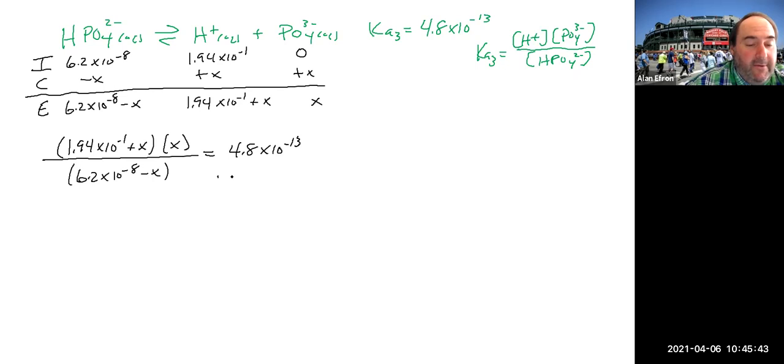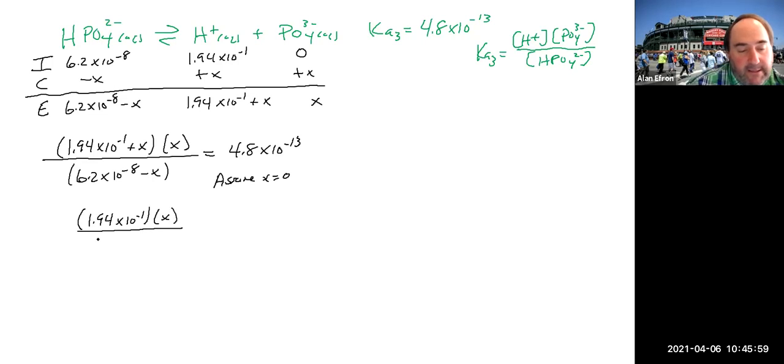So let's go with assuming x is equal to 0. Again, we're going to kill just the plus x and minus x parts, not all the x's. That leaves me 1.94 times 10 to the minus 1 times x on top, and 6.2 times 10 to the minus 8 on the bottom, equal to our 4.8 times 10 to the minus 13.